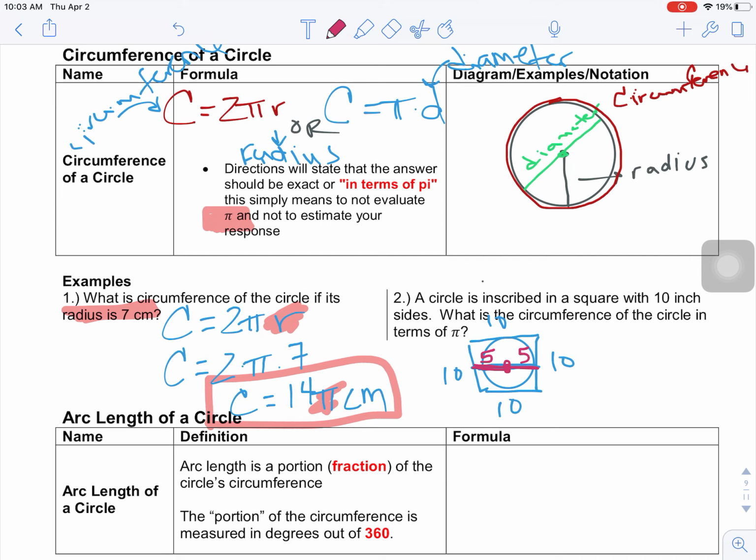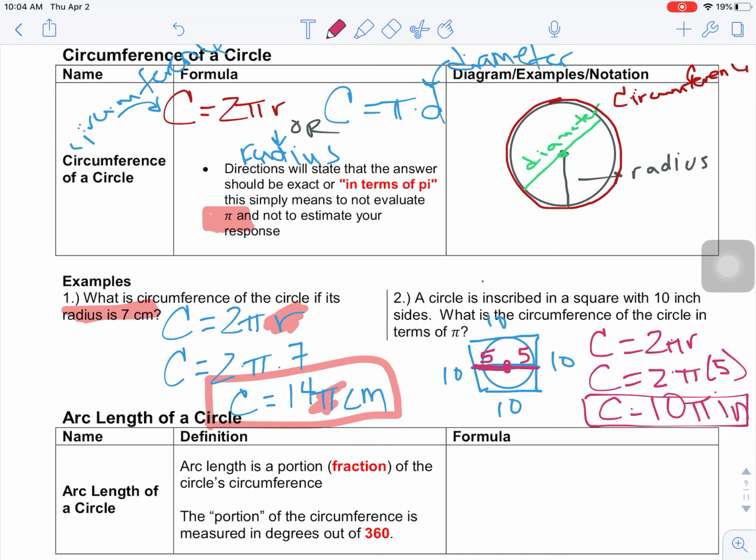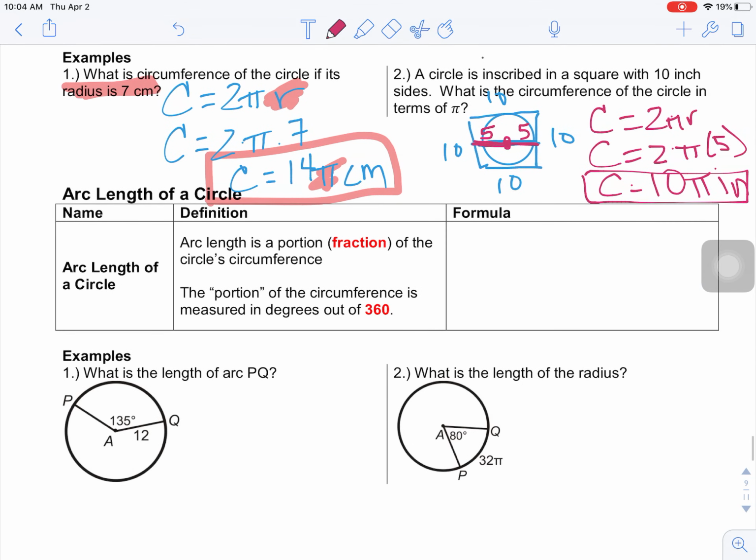In this scenario, circumference is again equal to 2 pi r, so it is equal to 2 times pi times 5, which is going to be equal to 10 pi inches. We could have also used the other formula, pi times diameter, given that we already had the diameter of 10. So that's that example.